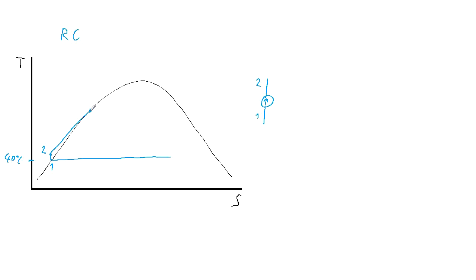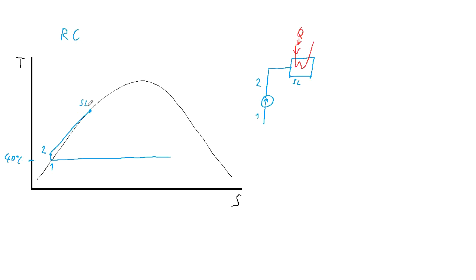Then we get to the point of saturated liquid in some heat exchanger. So we have the heat exchanger where there is heat input, and somewhere within the heat exchanger there is that point of saturated liquid.